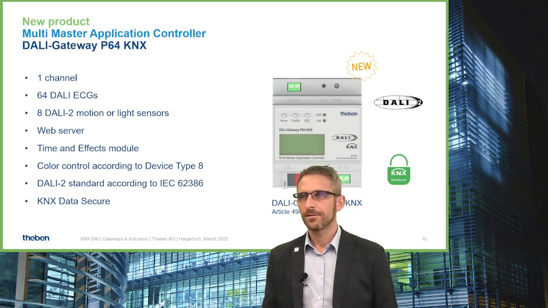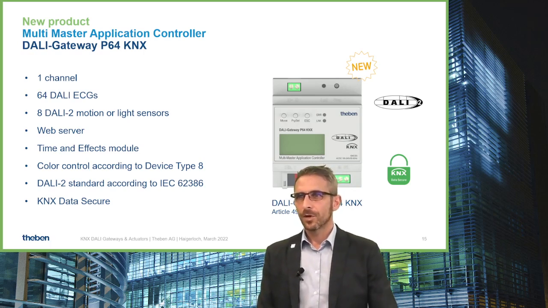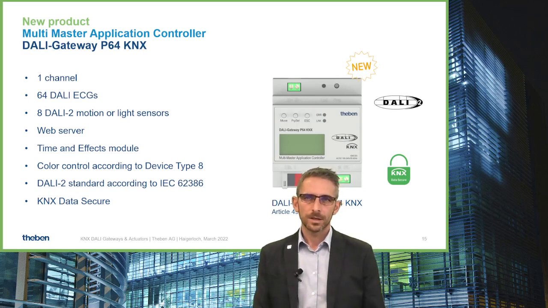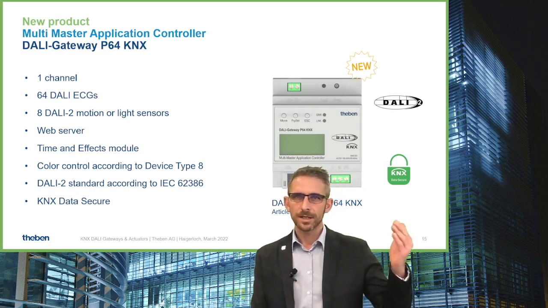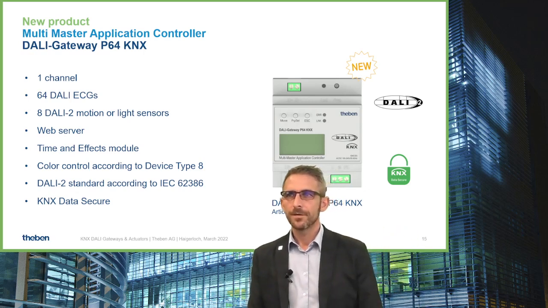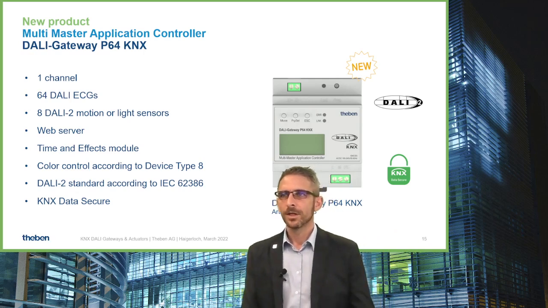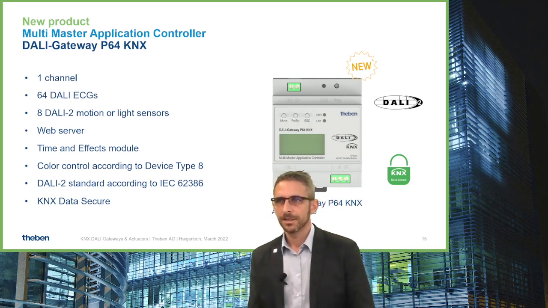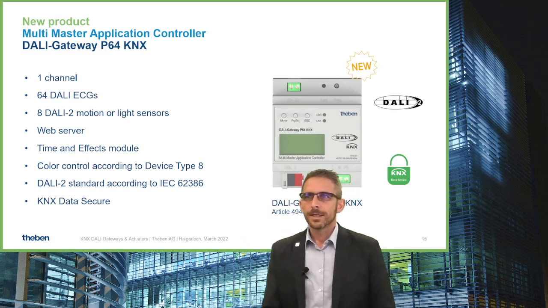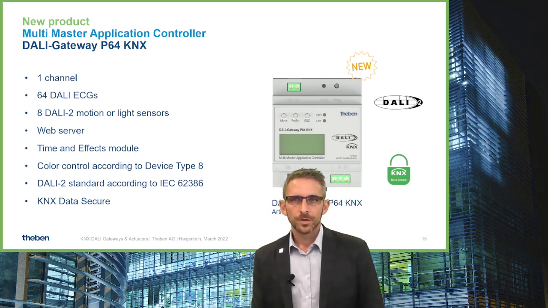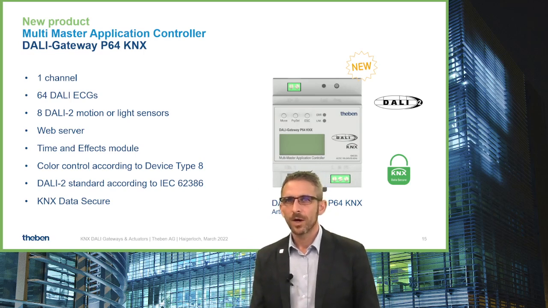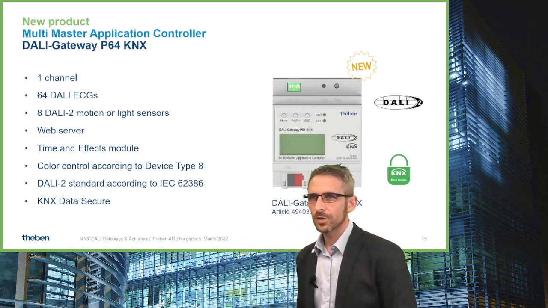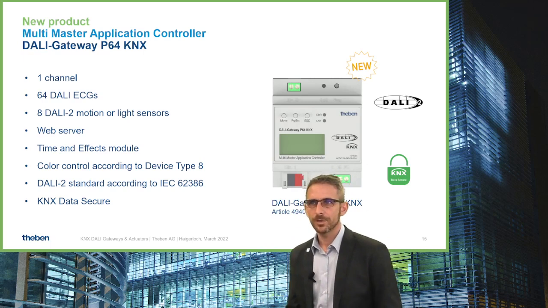Then we would like to have a defined color temperature, and from 9 o'clock we would like to have another color temperature. And we also can set the fade time, and by this you can set different color temperatures over the day until, for example, 18 o'clock or whatever, and then we stop with the change of the color temperature. So it's a very powerful function, the time module and the effects module in this DALI gateway.